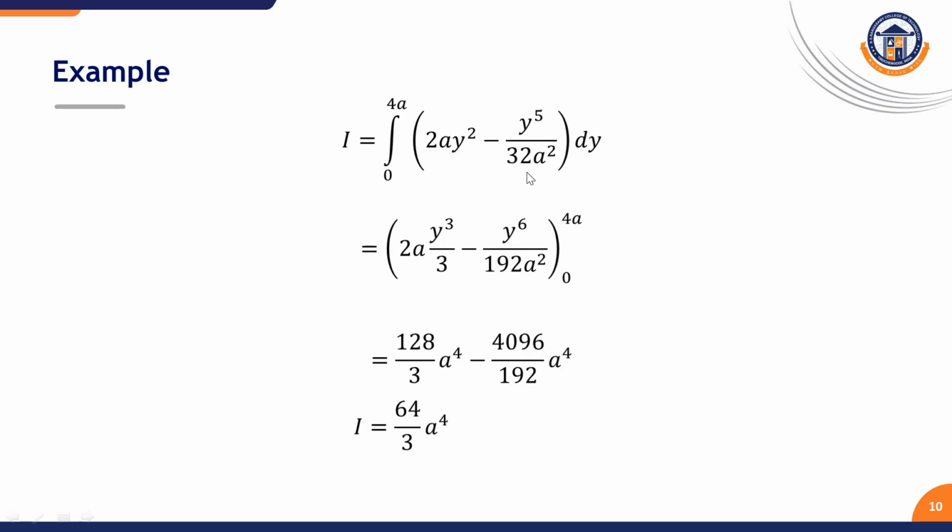Minus, here 1 by 32a squared is constant, take it outside. Integrating y power 5, we get y power 6 by 6. 6 times 32 is 192. Substituting the upper limit minus the lower limit: the upper limit is 4a whole cube by 3 minus 4a whole power 6 by 192, minus the lower limit as 0. Simplifying this, we get 64 by 3 a power 4.